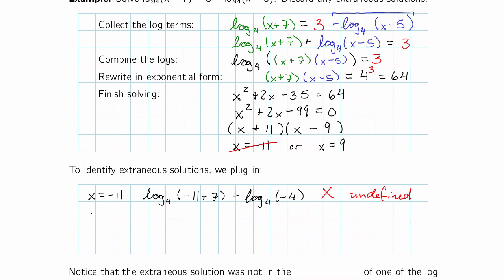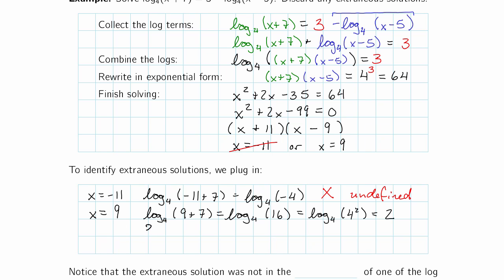We also have x equals 9, in which case the left-hand side is the log base 4 of 9 plus 7. That's the log base 4 of 16, we know that 16 is 4 squared. So the log base 4 of 16 is 2.